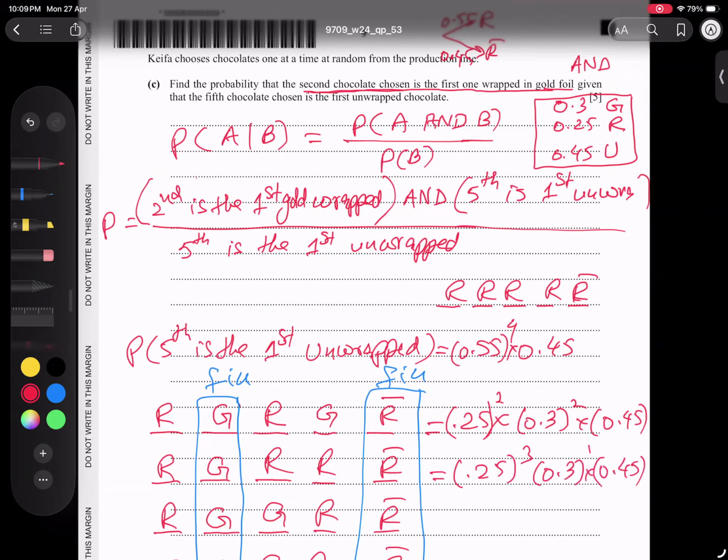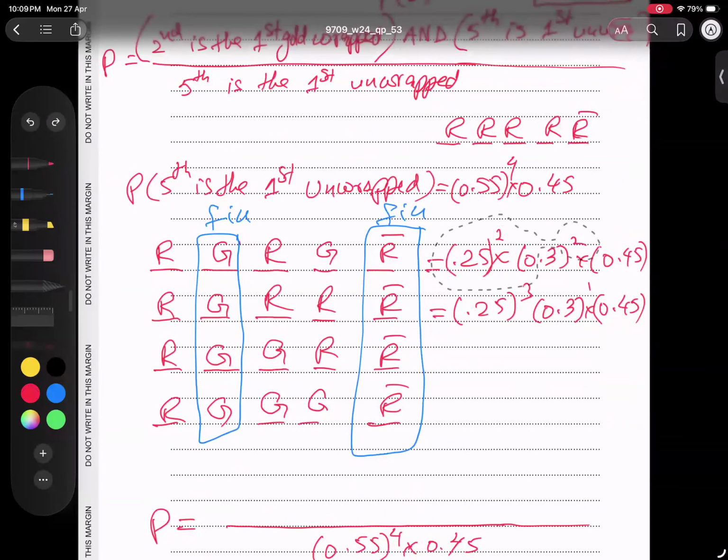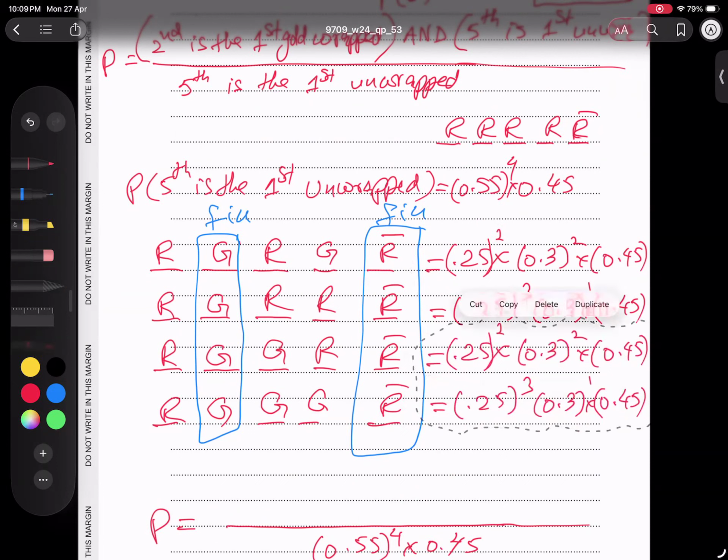Now, students, the similar pattern. This time 2 R's and 2 G's. I think we have the same values, only the powers change. So why not copy all this and change the powers only? Save the time and copy and paste here. Paste 2 times and one more paste. Okay, that's done.